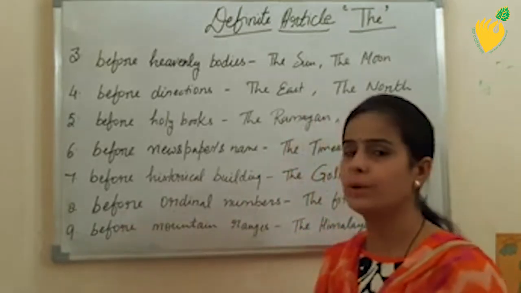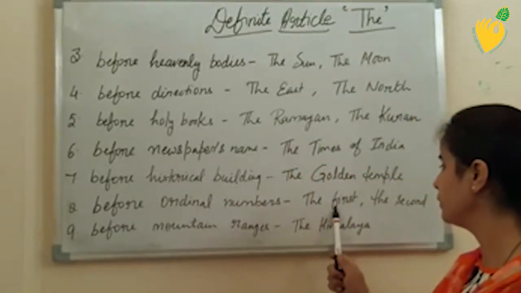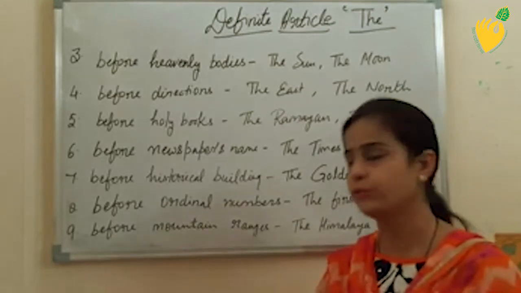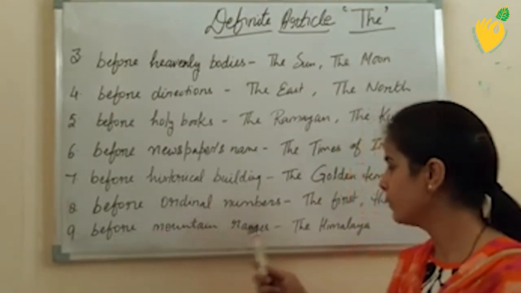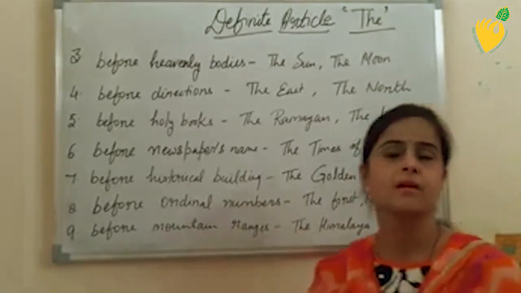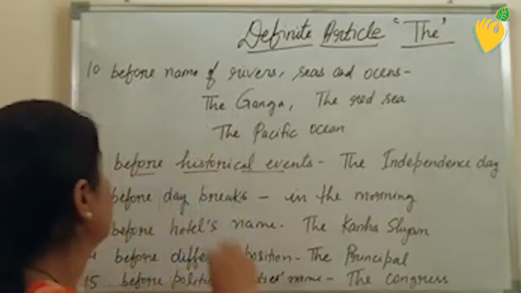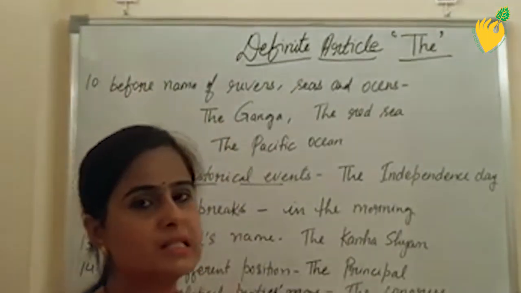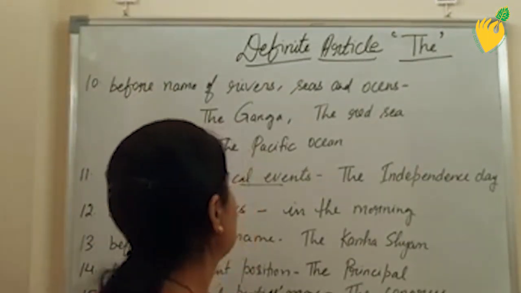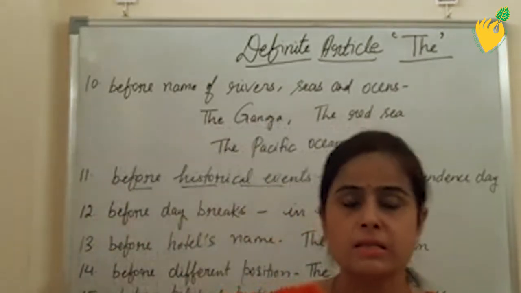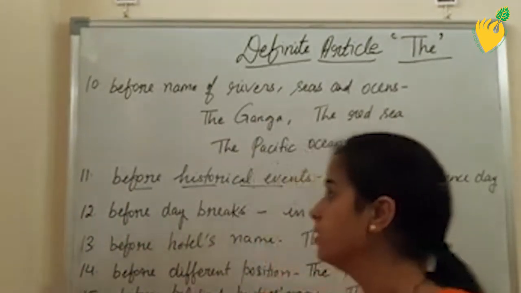Before ordinal numbers, for example, the first, the second, the third, the fourth, the fifth. Before mountain ranges, the Himalayas, the Mount Everest. We use the article the before names of rivers, seas or oceans like the Ganga, the Yamuna, the Red Sea, the Arabian Sea, the Pacific Ocean.